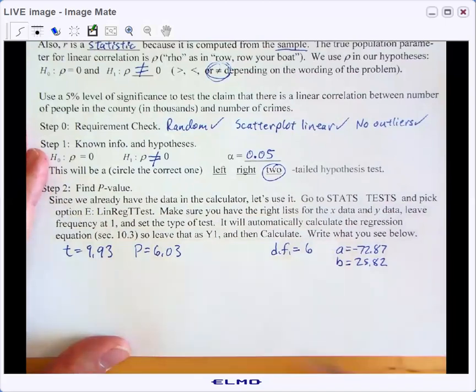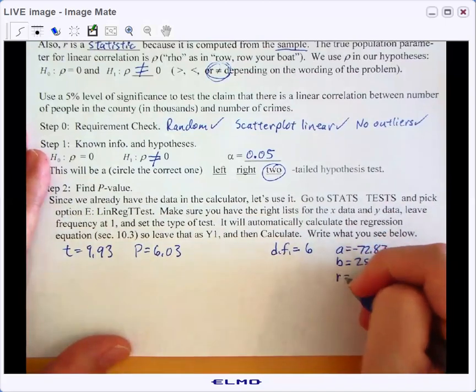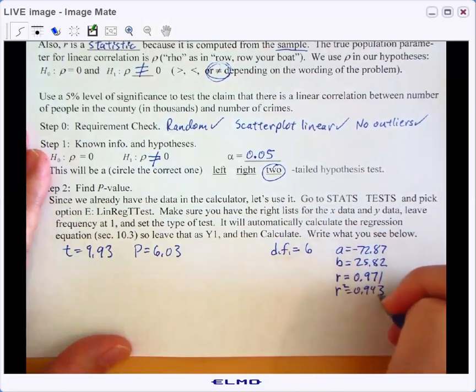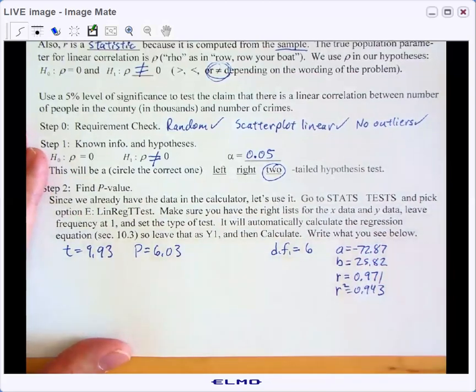It even gives us r and r squared again. R equals 0.971, and r squared is 0.943, rounded to 3 decimal places.